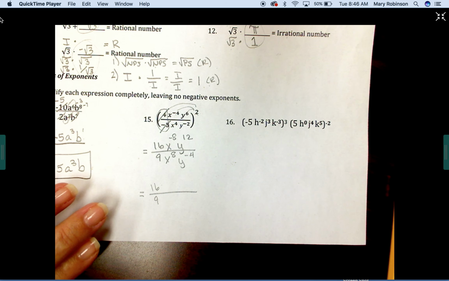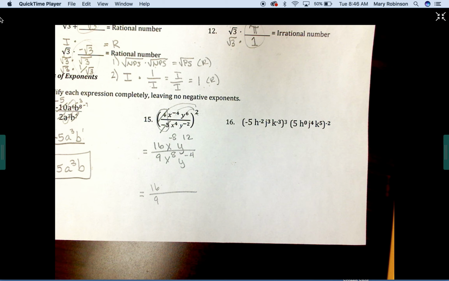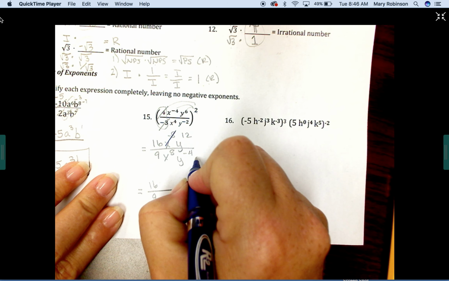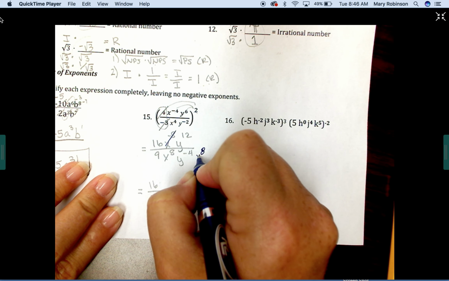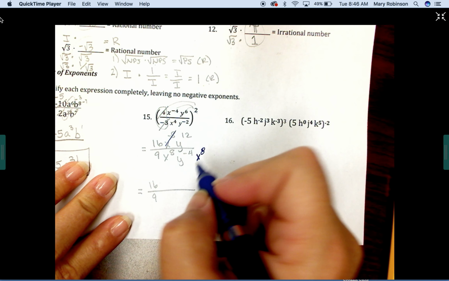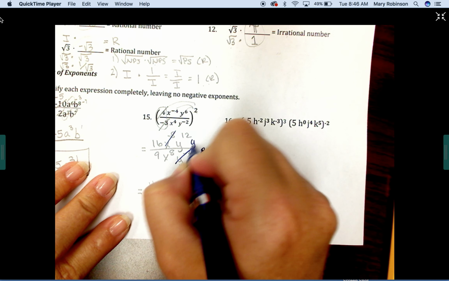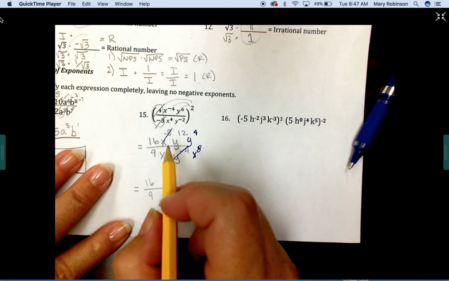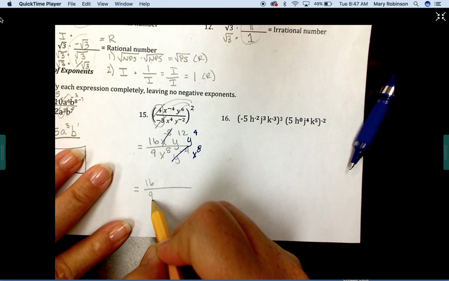At this point, I want to move anything that has a negative power. So I am going to cross out my x to the negative 8th and put it on the bottom as x to the positive 8th, and cross out my y to the negative 4th and put it in my numerator as y to the positive 4. Now, we've already got our 16 over 9 down here.